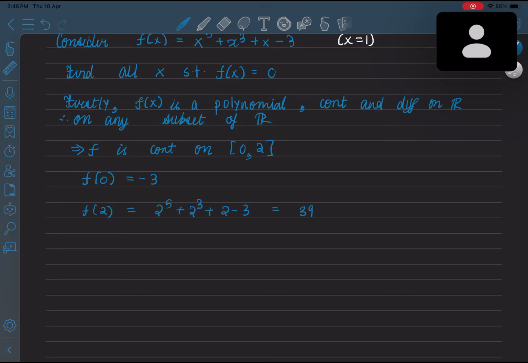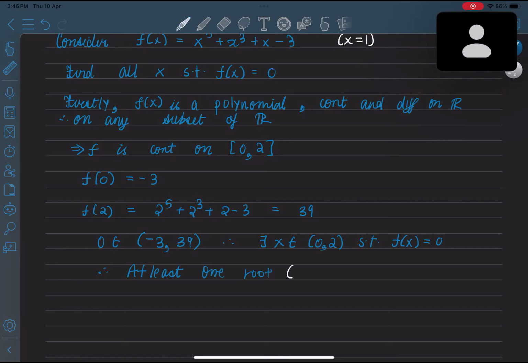And clearly 0 lies between minus 3 and 39. Therefore there exists an x in (0, 2) such that f of x is equal to 0. So there is at least one root, which we luckily know is 1 because we guessed it.